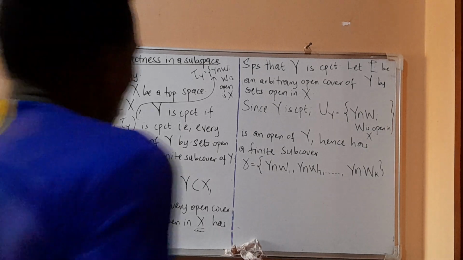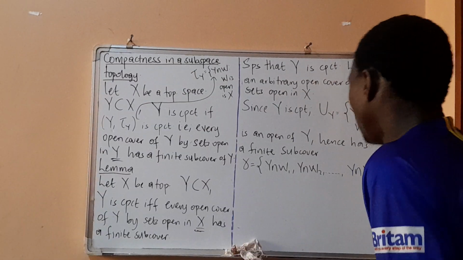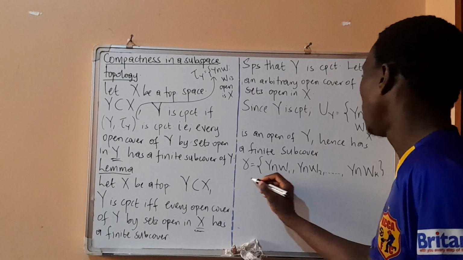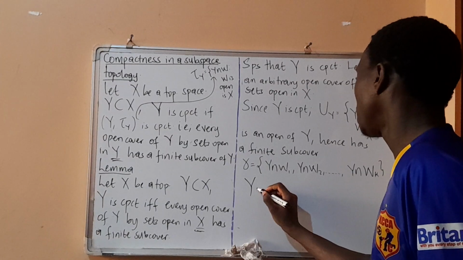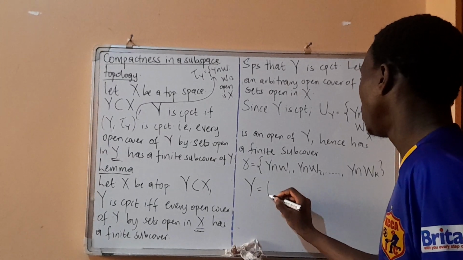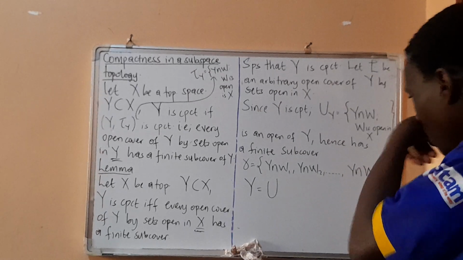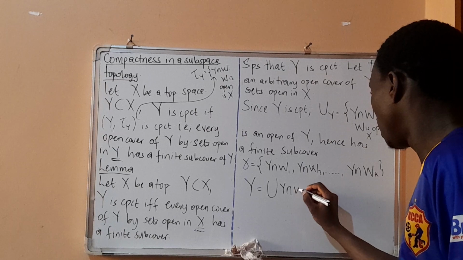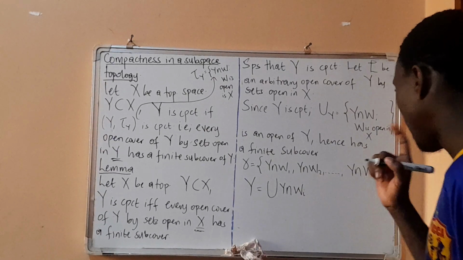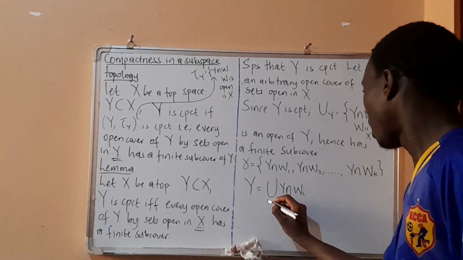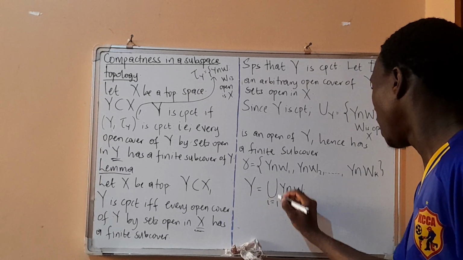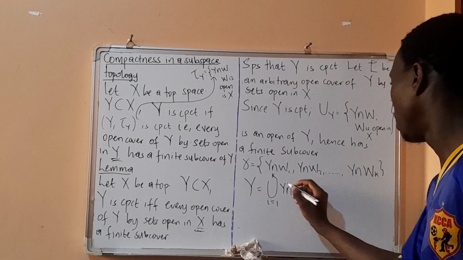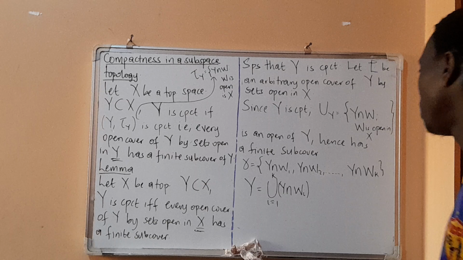That means Y, this finite subcover of Y, is actually equal to the union of these sets Y intersection Wi, i equals 1 up to k. Y is simply the union of that.